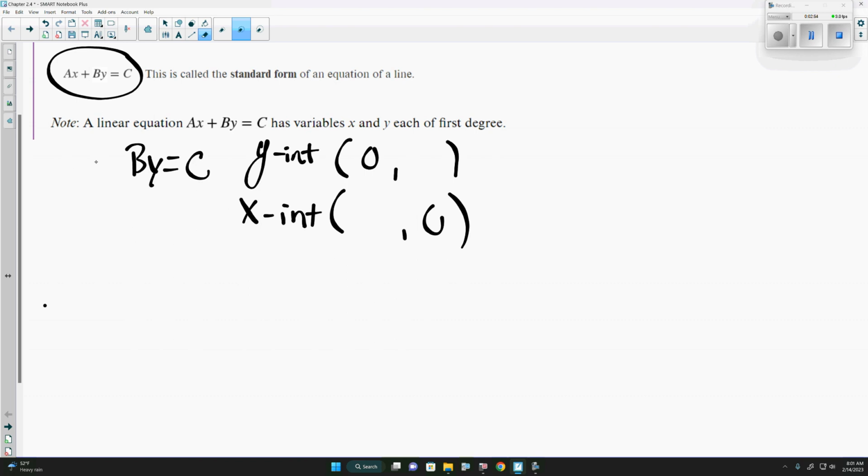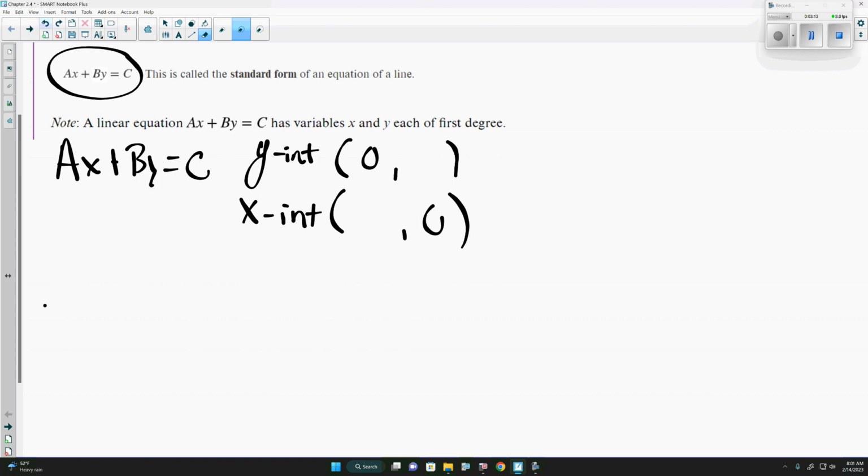Not too bad. If I'm looking at the x-intercept, the y value is 0. Ax equals c, divide by a, and we have the other point, we're done. That's why I think this is somewhat easy to find, especially if it's given in this form. We don't have to do a whole lot to it.